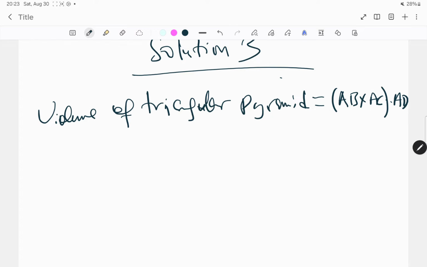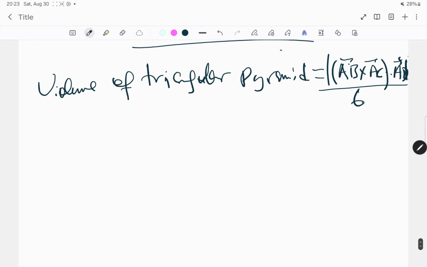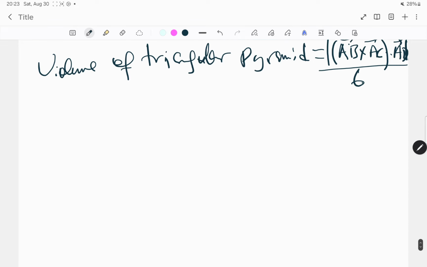After that, we take the absolute value, then we divide this by 6. So these are distance vectors. How do we come about this? It's just the idea that if I have point A here, then let's say point B, point C is here, and then maybe point D is here.